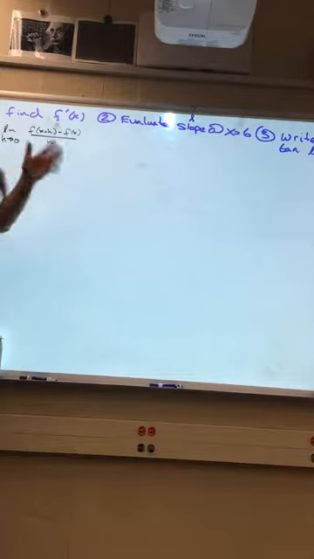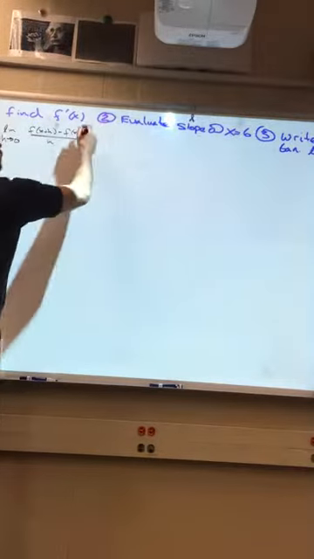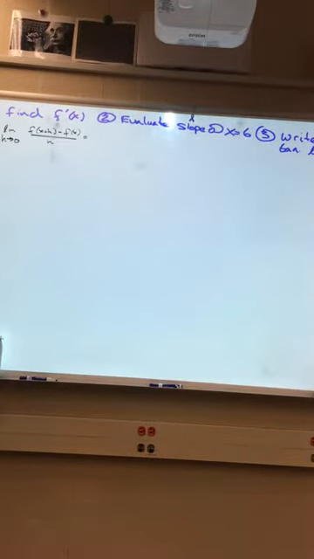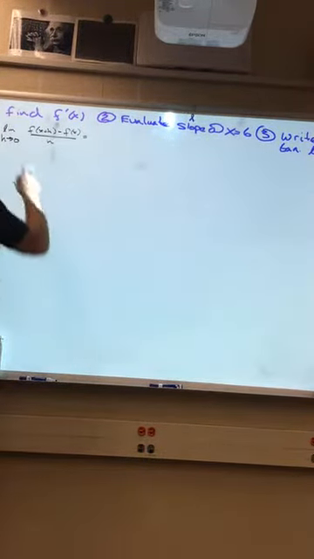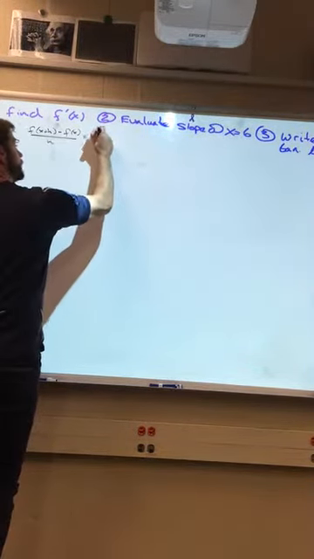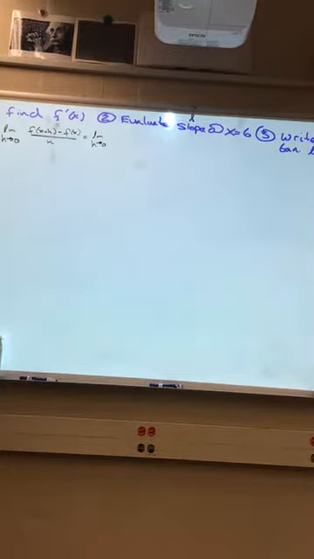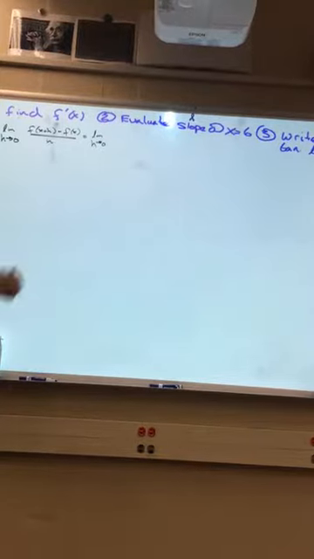If you show me the function once you plug the x plus h in, no busy work's needed. Just correct math. So I'm going to horizontally move forward here because of the screen. I'm going to be bringing my limit notation along every time, the limit as h approaches 0. You can be lazy and move your little one line down every time, so I know it's there. I'm going to plug it in.